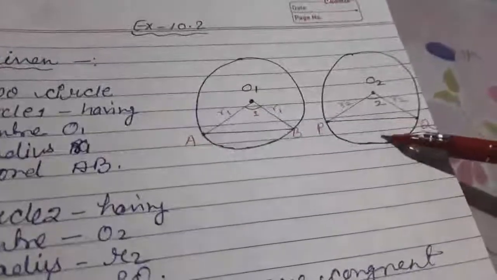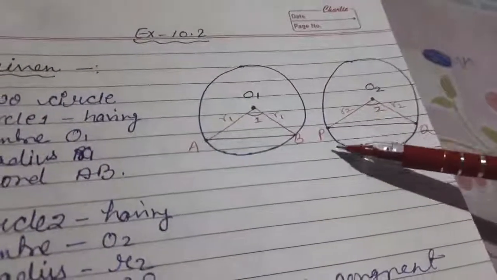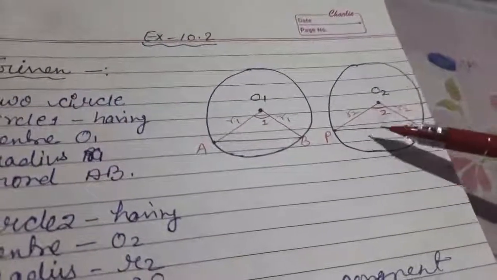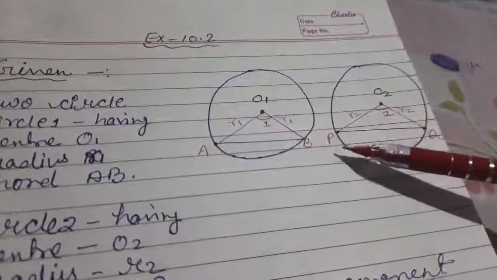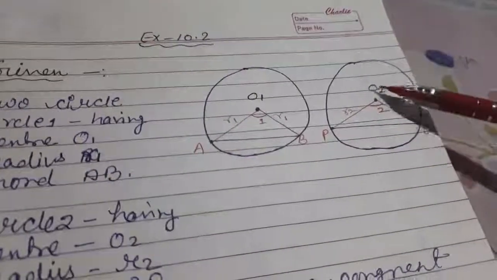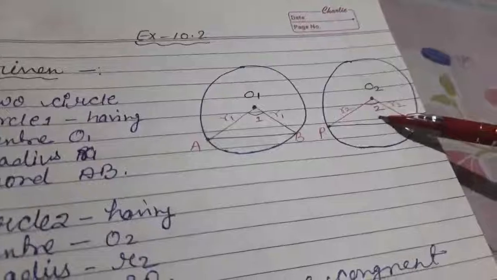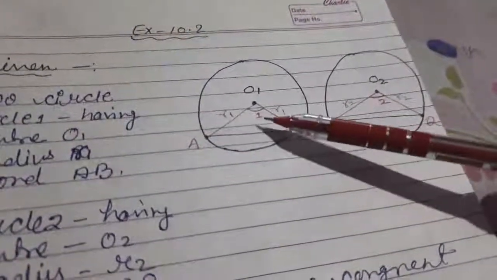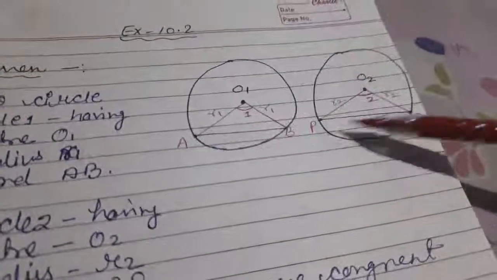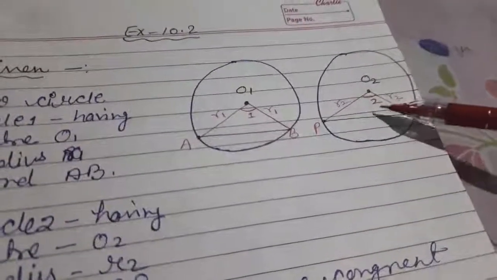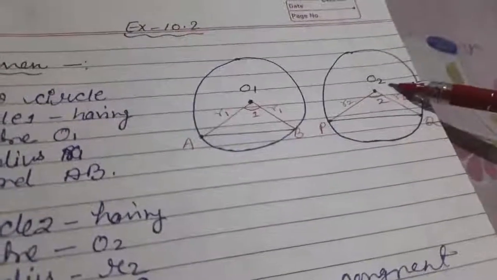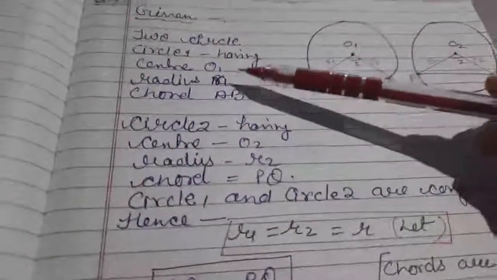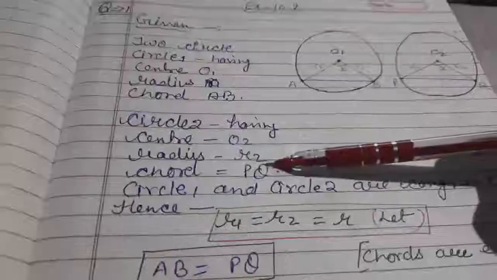Similarly, in circle 2, the chord is PQ, the radius is R2, the center is O2, and the angle subtended by chord PQ at center O2 is angle 2. That means chord AB subtends angle 1 at the center, and chord PQ subtends angle 2 in the second circle. This is what is given to us about circle 1 and circle 2.